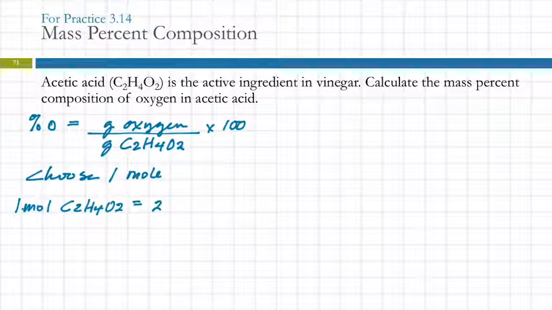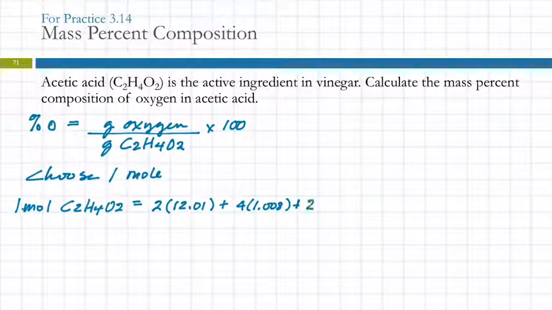So there are 2 carbons in the formula. That means in 1 mole there's 2 moles of carbon. So 2 times 12.01, and there are 4 hydrogens, so 4 times the molar mass of hydrogen, and 2 oxygens times the molar mass of oxygen. Remember this from Monday? Yeah.